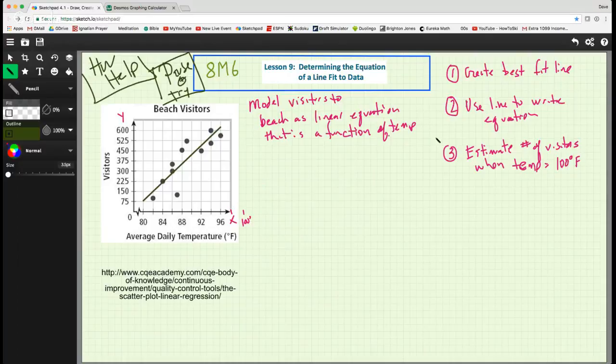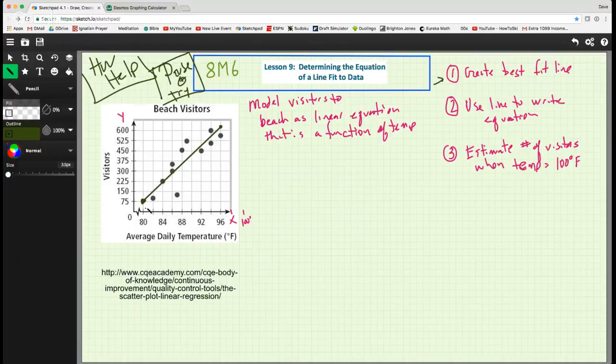Now what's our second step? We've created this best fit line, or what I think is the best fit line, and now we're going to use this line to write an equation. So let's find 2 points. Here's a good point right here at 80, 75. It's got to be on the line. And the other point I'm going to choose is 96, and this is about 625. Each line is 75, so this is about 1/3 of the way up, so this is about 25.